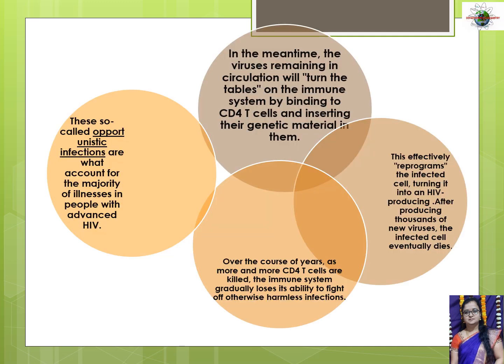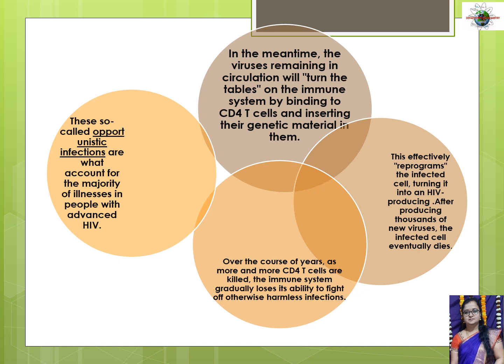In the meantime, the viruses remaining in the circulation will turn the tables on the immune system by binding to the CD4 T cells and inserting their genetic material in them. This effectively reprograms the infected cell, turning it into an HIV producer. After producing thousands of new viruses, the infected cell eventually dies.